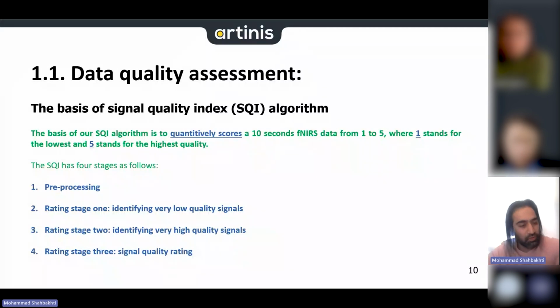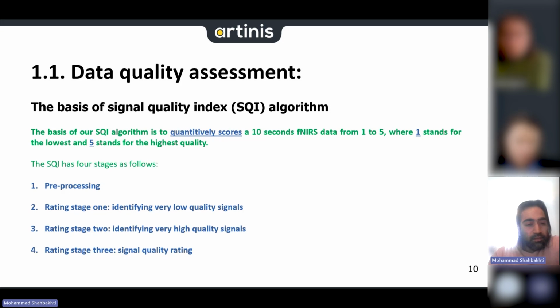First, we do a little bit of pre-processing to remove unwanted interference. In the second stage, we identify very low quality signals. In the third stage, we identify very high quality data. And in the last stage, we do signal rating. Each stage, I'm going to explain to you in detail.